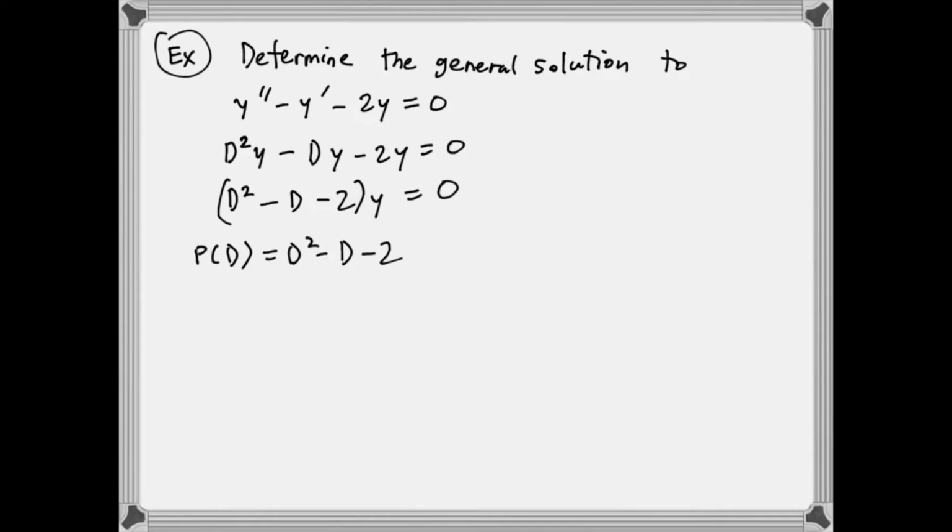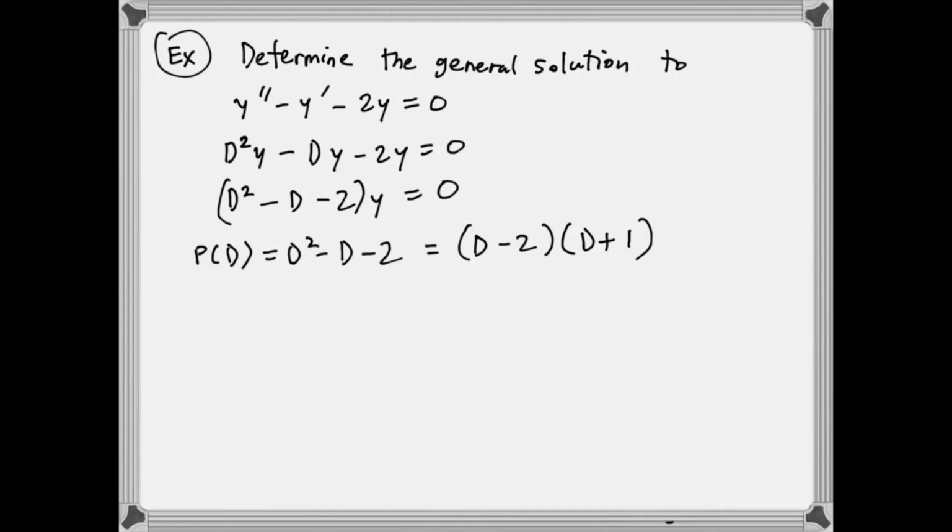This is our polynomial differential operator, okay? So let's go ahead and factor this thing. If we factor this, it becomes (D - 2)(D + 1). So let's solve the differential equations separately to see what happens.